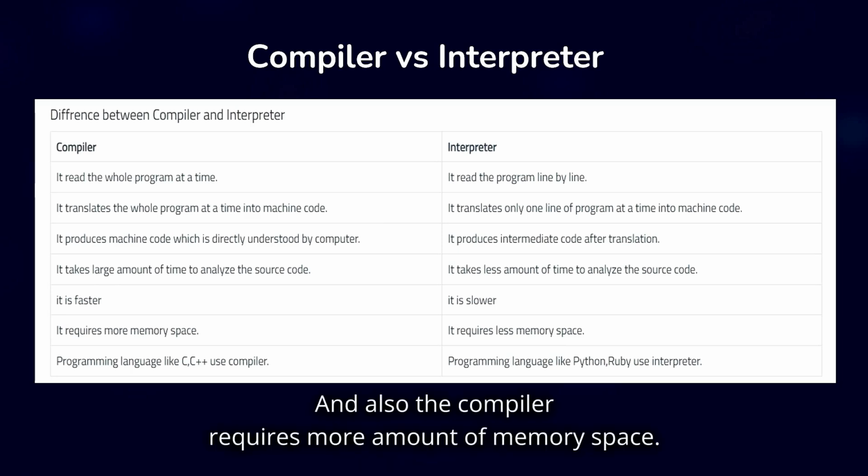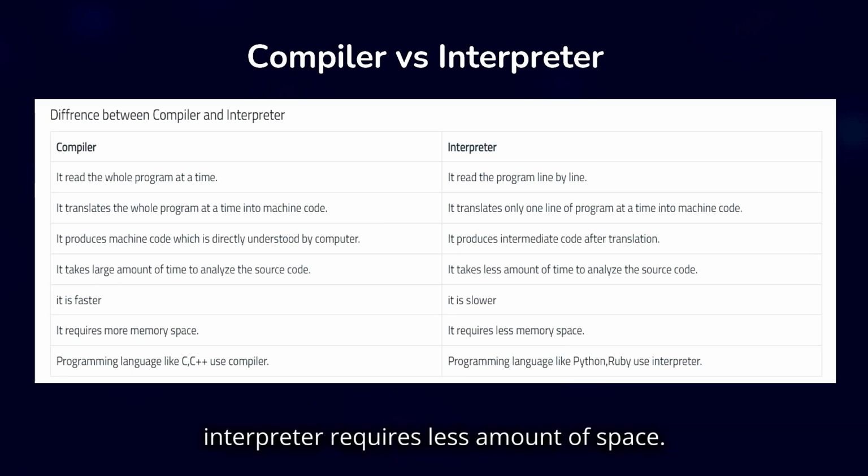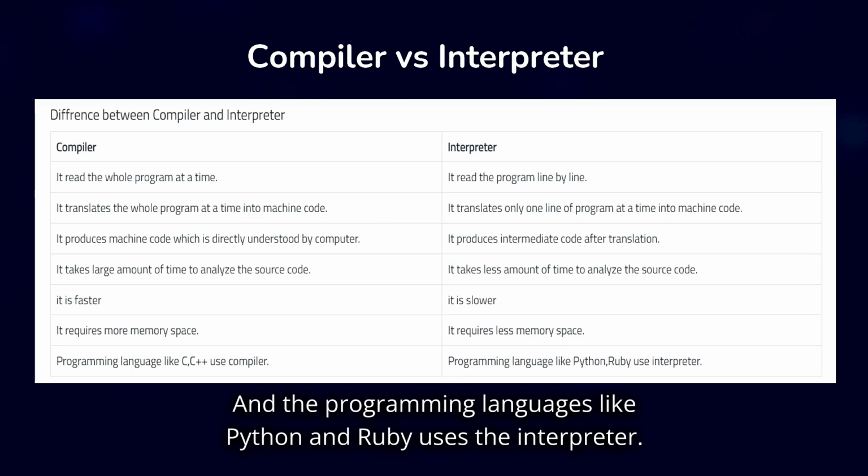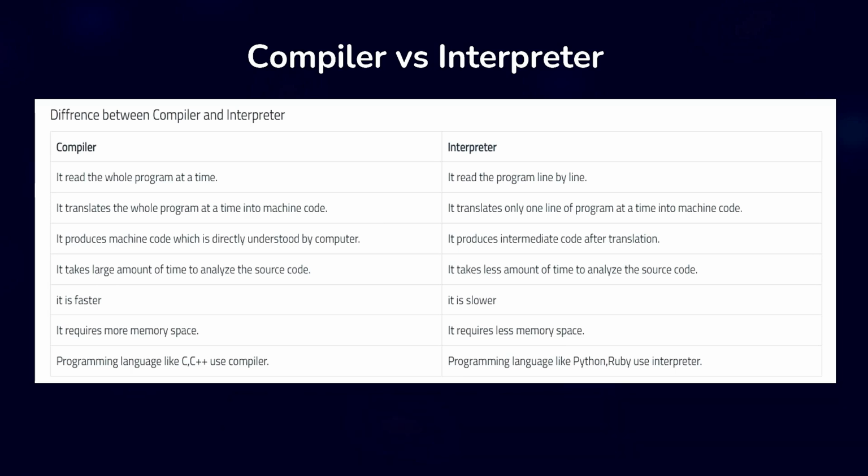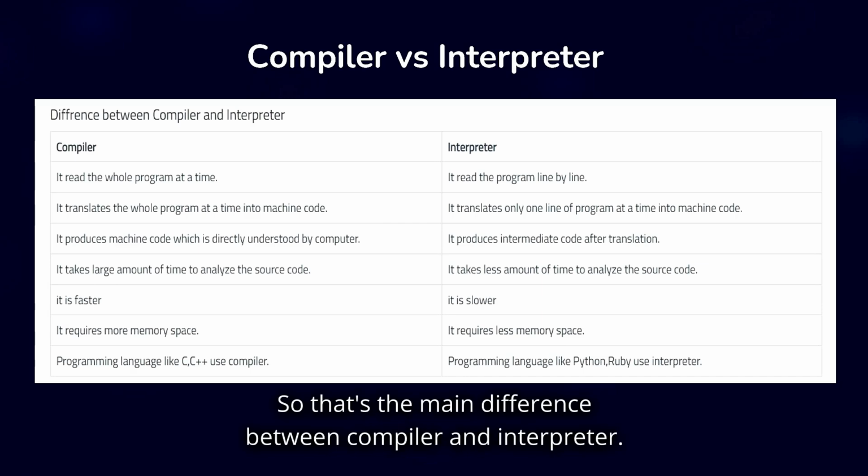And also the compiler requires more memory space, but the interpreter requires less space. Also, programming languages like C and C++ use a compiler, and programming languages like Python and Ruby use an interpreter. So that's the main difference between compiler and interpreter.